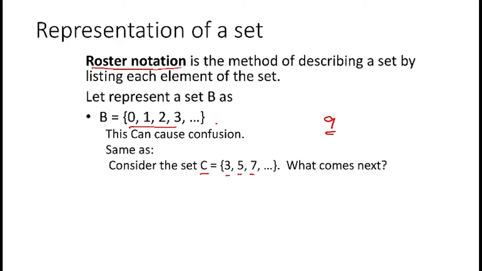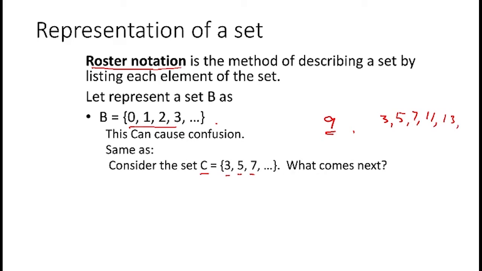But other students may say this represents the odd prime numbers greater than 2. Then it will be 3, 5, 7, and since 9 is not a prime number, it will go to 11, 13, 17, and so on.